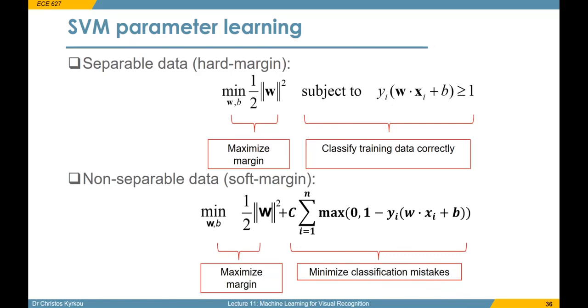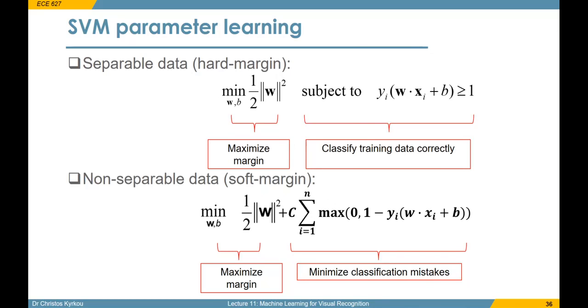In that case, we add a penalty term that is used to allow for some mistakes, but we can also penalize mistakes. We do that using the parameter C. Basically, it controls how many misclassifications we allow.